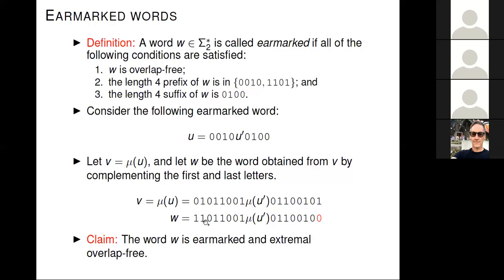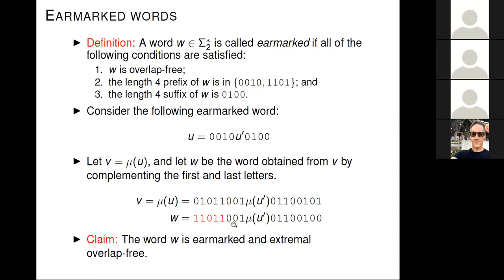So if W contains an overlap, it's got to be either a prefix, containing the letter 1 here, or a suffix, containing the letter 0. But if you look at this prefix here, it's easy to check that this prefix never appears again in the word W, just because of the property that V is overlap free.